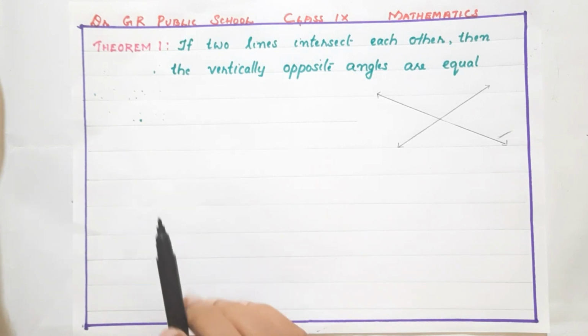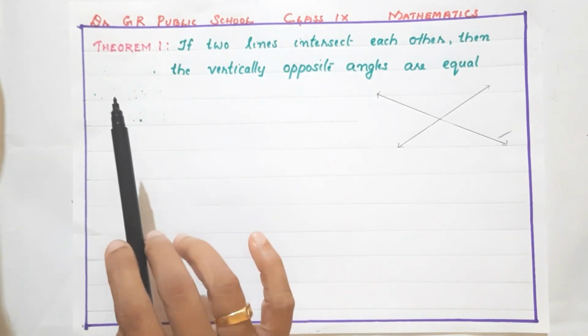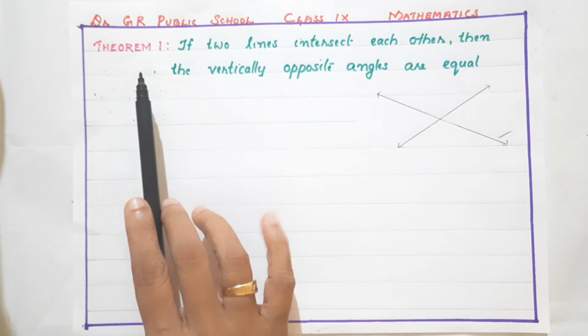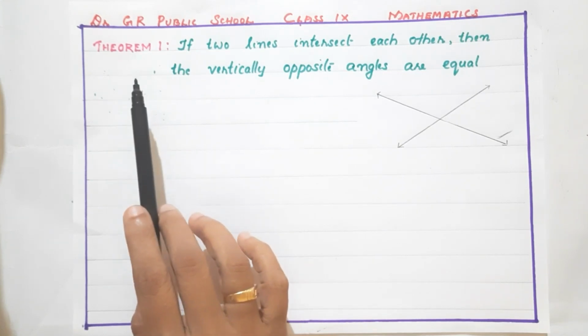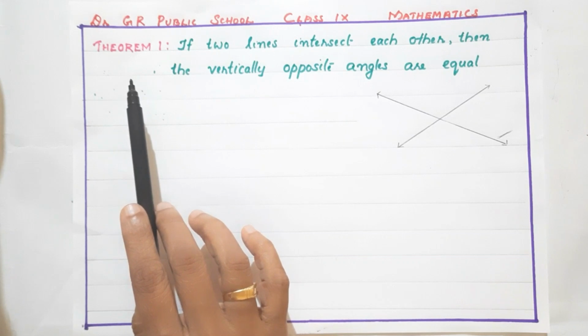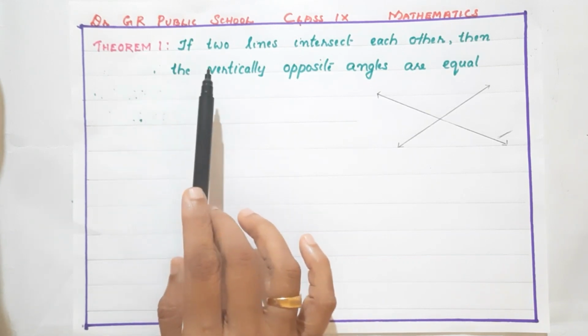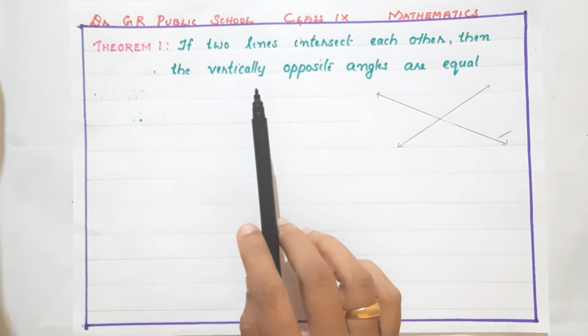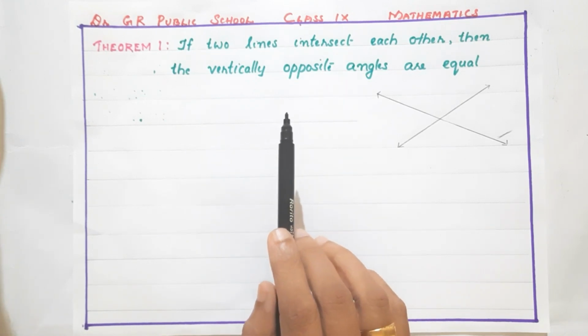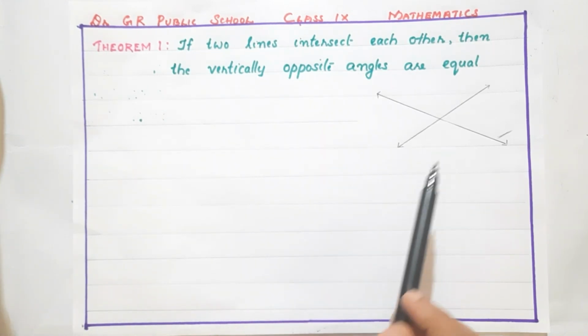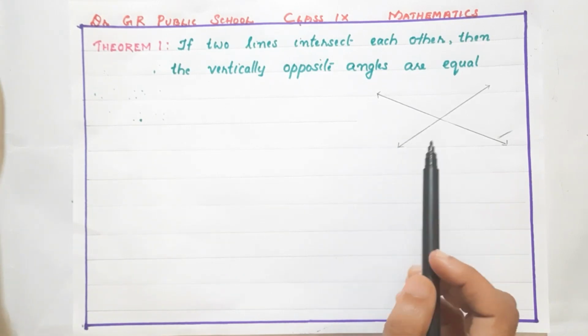Next, we are discussing an important theorem which can be proved using these linear pair axioms. So, we are going to study the first theorem of this chapter. We have already discussed what a theorem is. A theorem means a statement that can be demonstrated to be true by using mathematical concepts and operations.